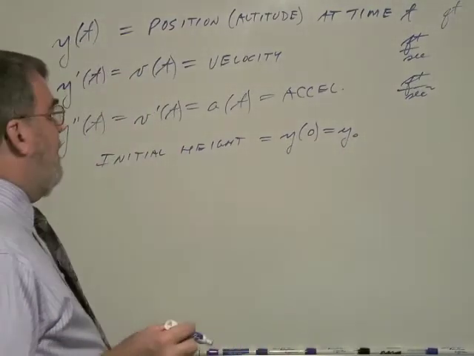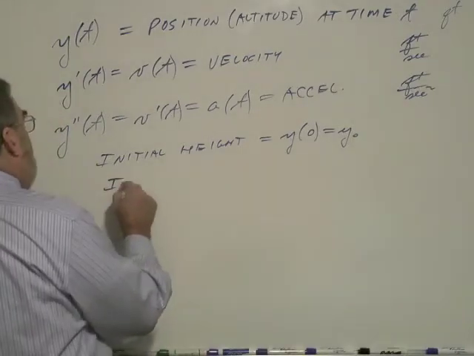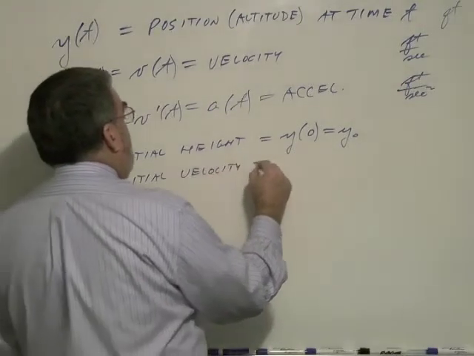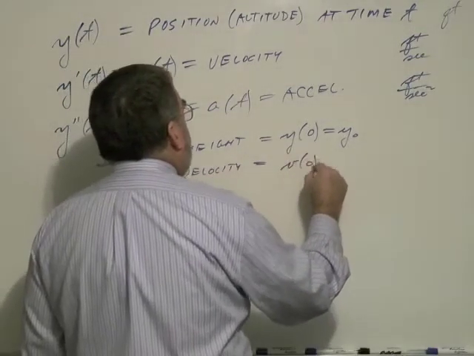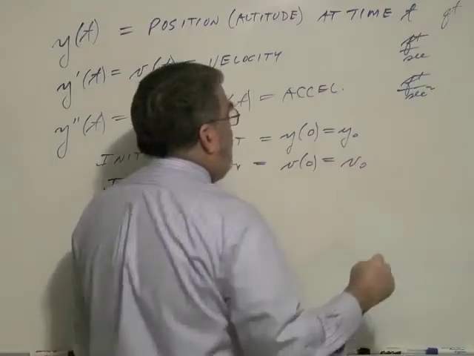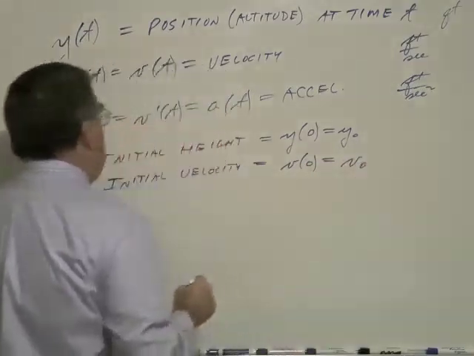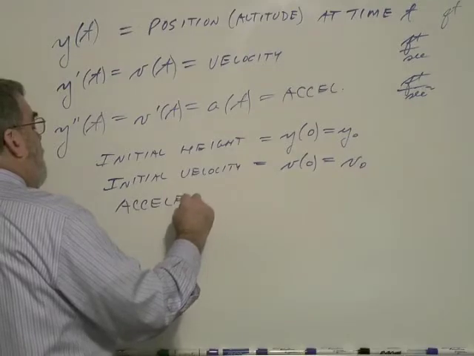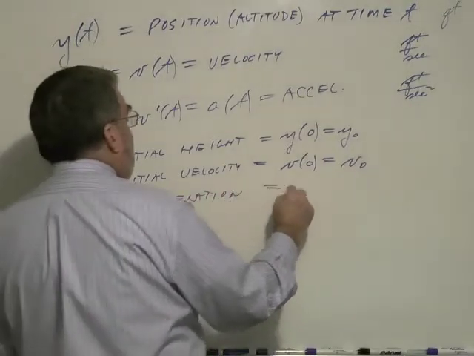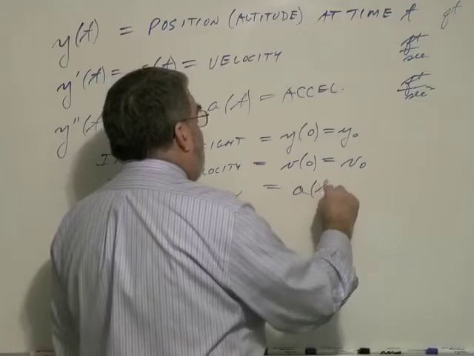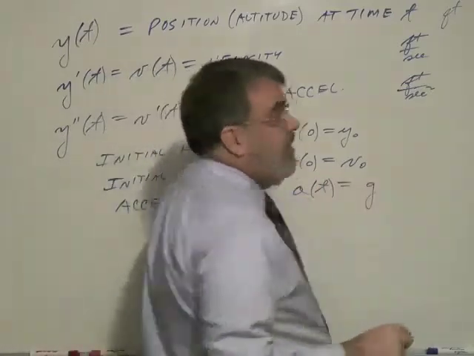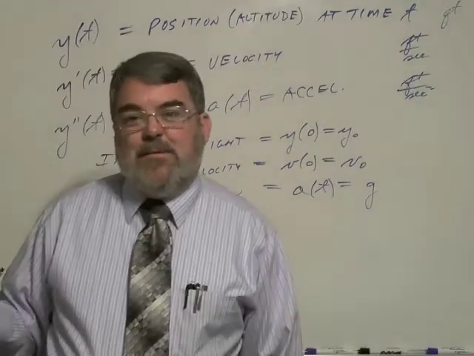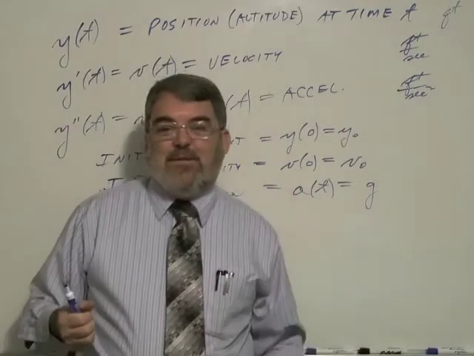And suppose that the initial velocity is v at 0, or v naught, and we have acceleration. If we're near the Earth's surface, acceleration is going to be constant, and would be given by g, the gravitational acceleration. So in this model, to make it the very simplest, we're going to assume that the gravitational acceleration is constant.